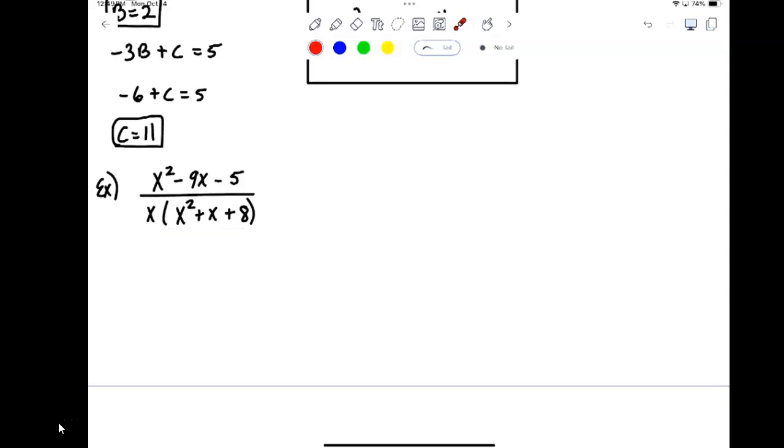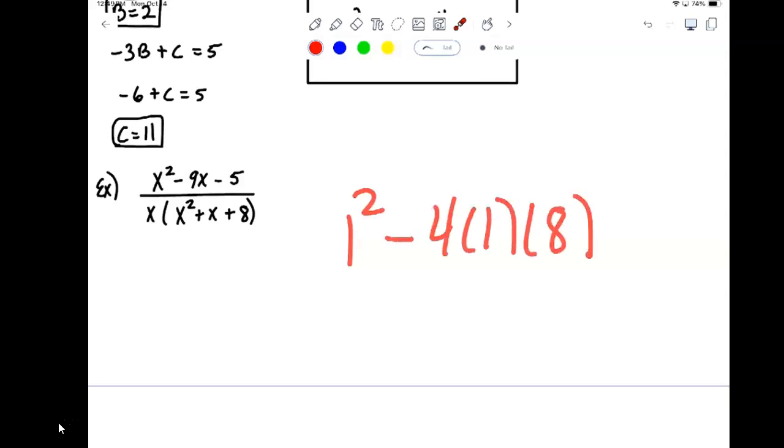So before I even think about factoring or anything like that, I just go to my discriminant, b squared minus 4ac, right, to check whether this thing is going to be able to be factored. Well, b squared will be 1 squared minus 4 times 1 times 8. It's going to be 1 minus 32, negative 31, that's negative.